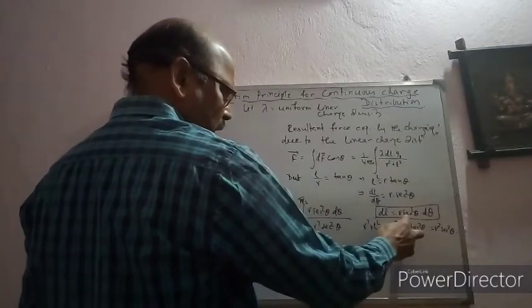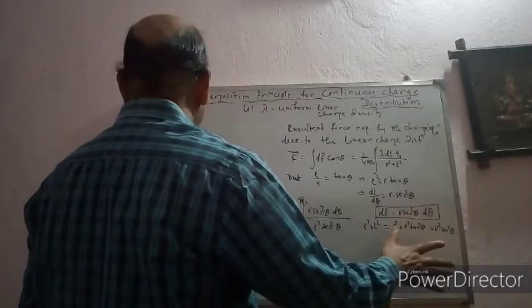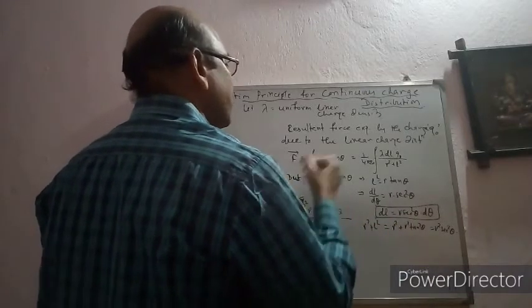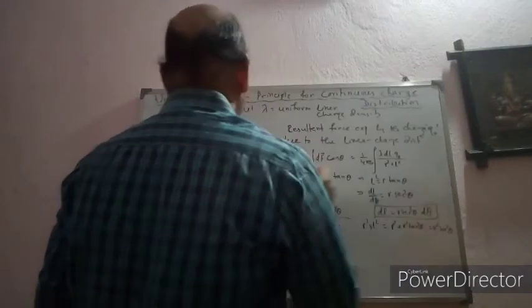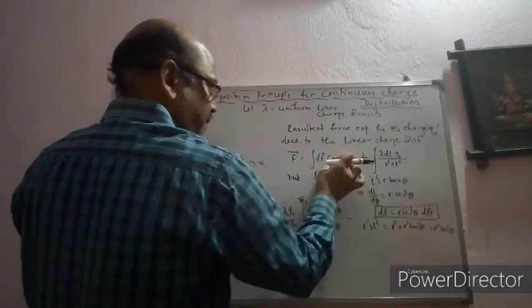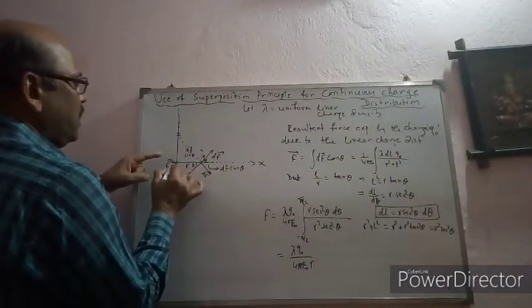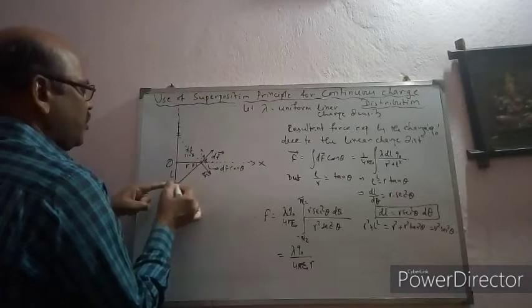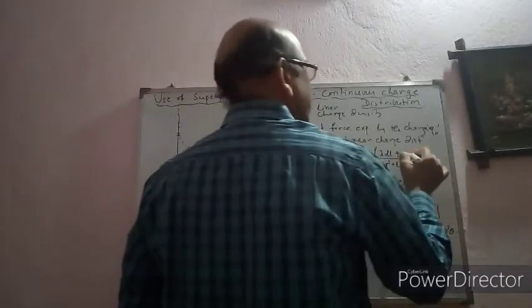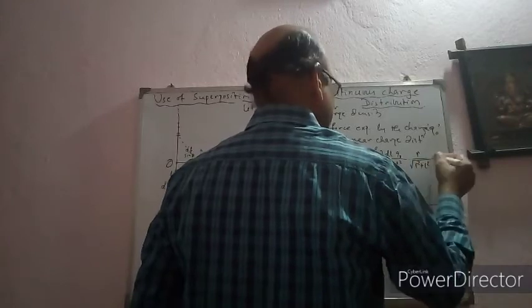In cos theta we have forgotten; here I have to write cos theta also. What is the value of cos theta here? Cos theta in this expression is R by square root of R square plus L square.